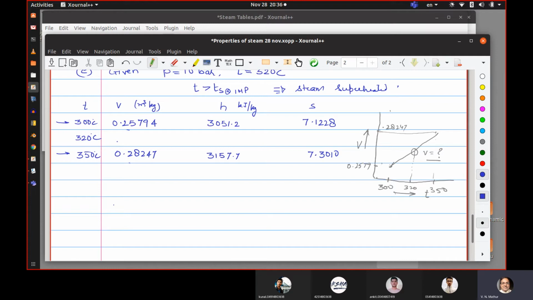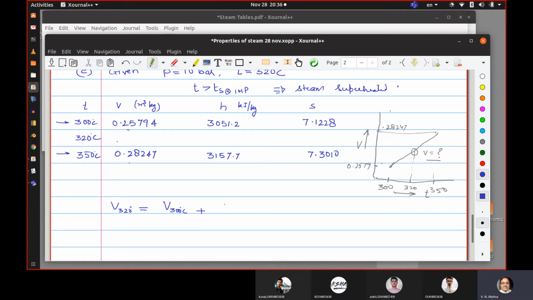So we'll write volume at 320 degrees centigrade is equal to volume at 300 degrees centigrade plus change in volume, that is the slope of this line.